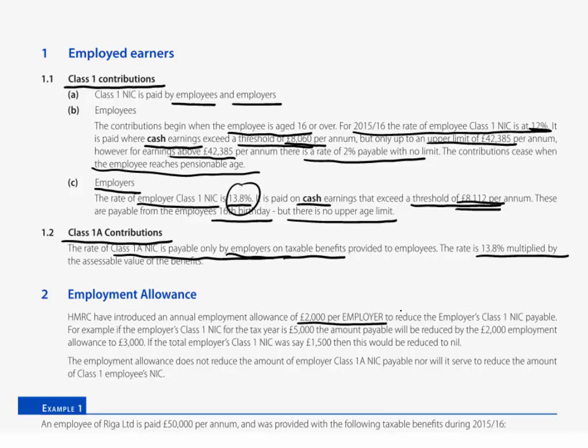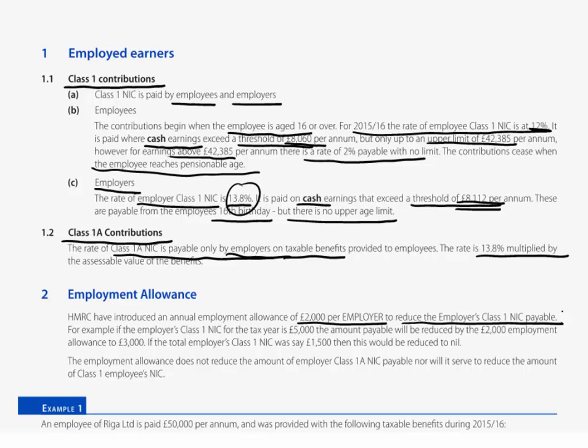This is not per employee, this is per employer, to reduce the burden of the employer's Class 1 NIC payable. Now, this is only a deduction against the Class 1 NIC payable by the employer. It is not a deduction against any other NIC that may be payable by the employer, for example, Class 1A, or indeed by the employee.